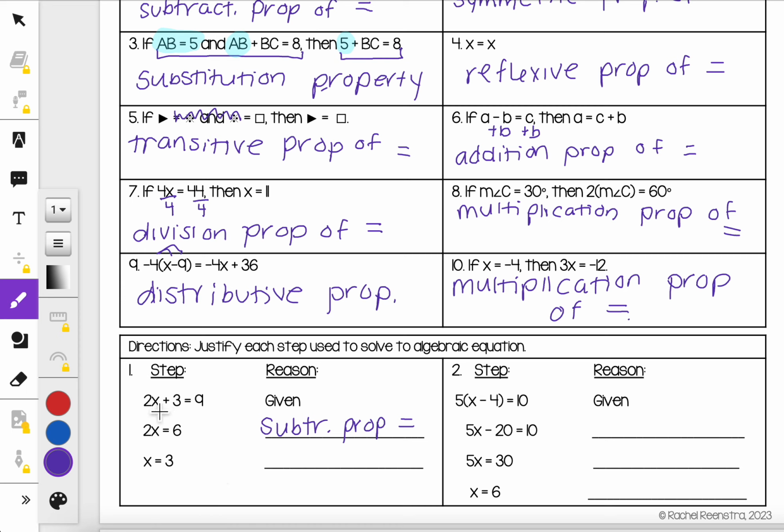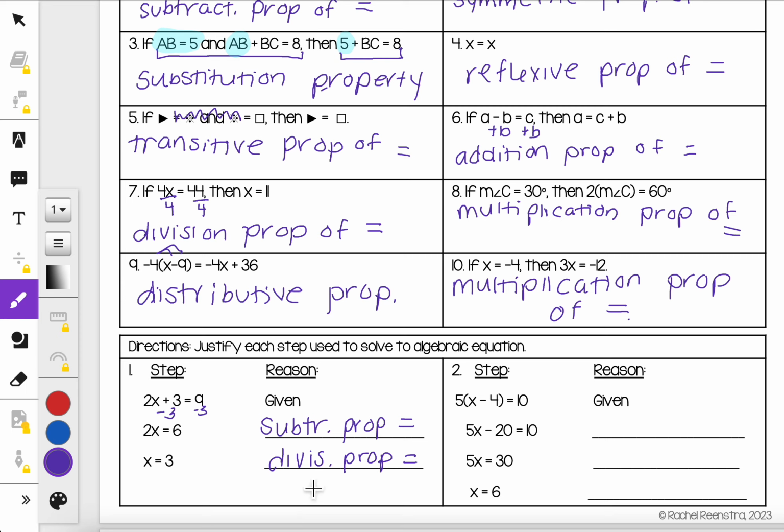All right, and if it helps, you can put in that step there, what you're doing to get to that next step. And so now I'm at 2x equals 6. I want to move to x equals 3. So how did I get there? I divided both sides by 2. So this is a division property of equality.